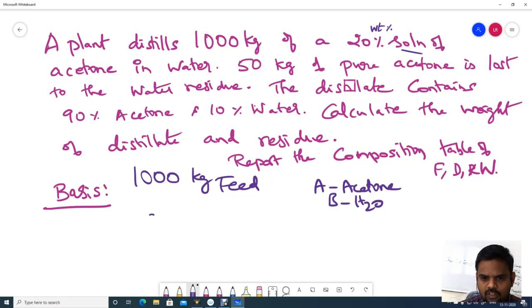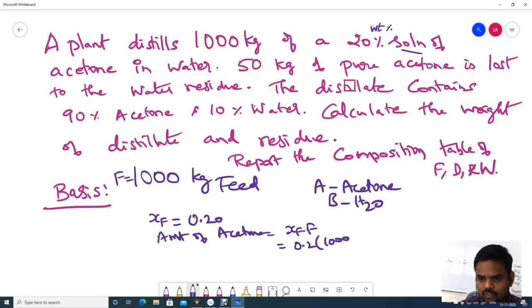So what is the amount of A? It is given, right? XF is given as 0.20. So you can say what is the amount of acetone? Amount of acetone is equal to XF into F. How much? 0.2 into 1000 is equal to 200 kg.